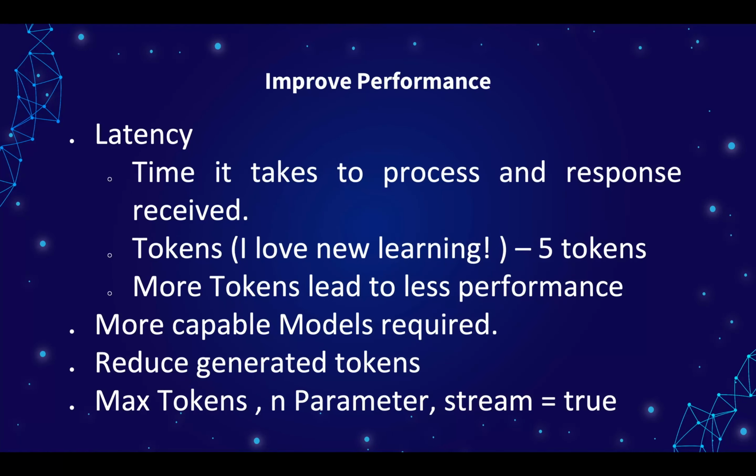So that's all I have, and to give you a summary of whatever we have seen so far: to improve performance, you have to be clear in communication, and you can make use of chain of thought and augmentation techniques.